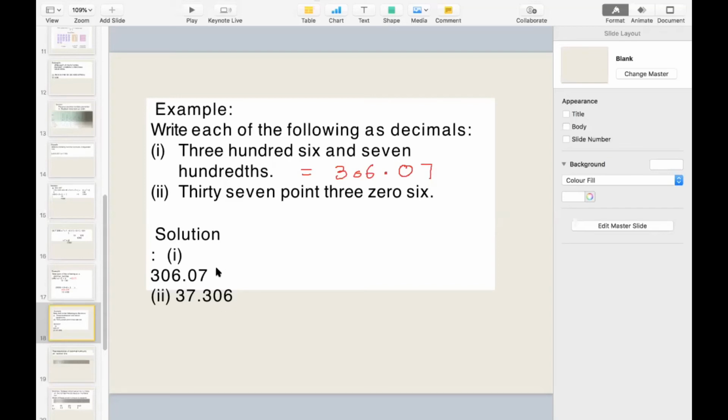So the value will be 306.07. Next comes 37 and 306 thousandths. So 37 is the whole number and then the decimal 306. We will write it like this: 37.306. So we can write these numbers in decimal form.